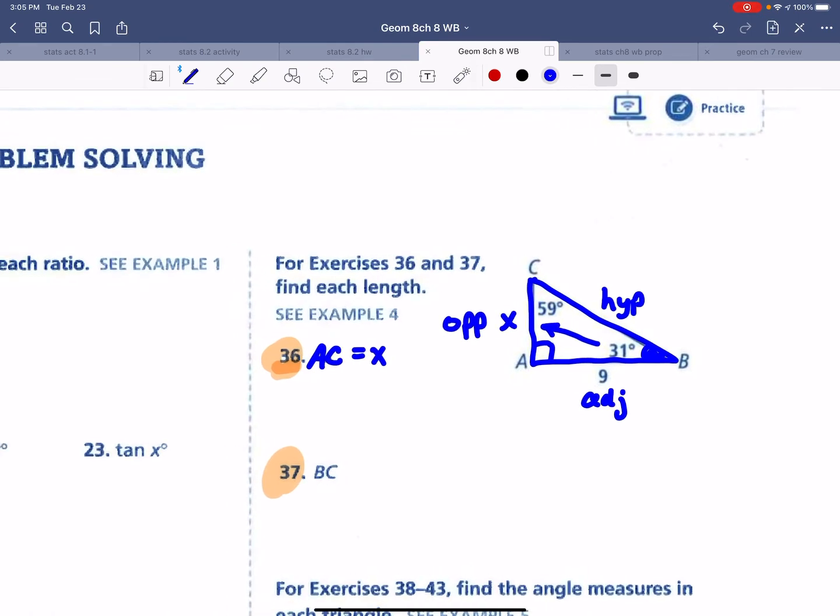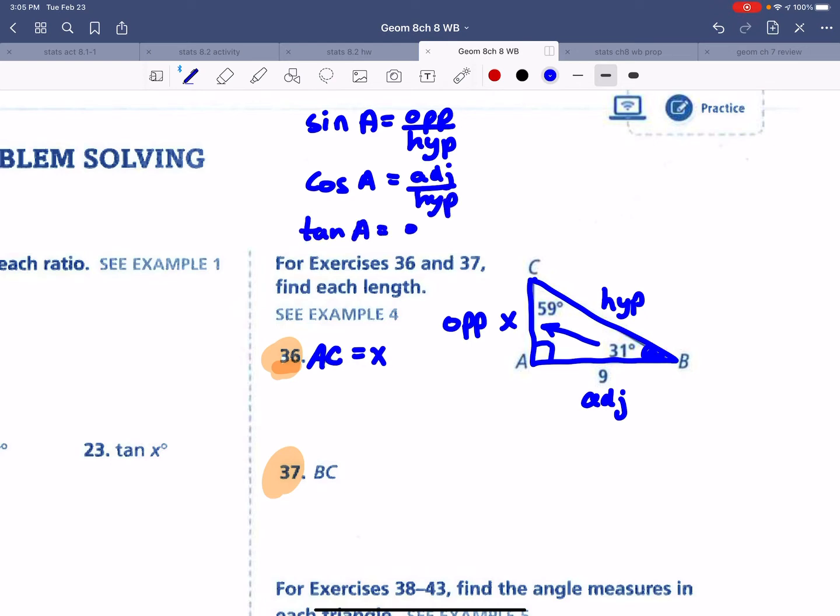So what are my trig functions? Well, the sine of an angle is opposite over hypotenuse. The cosine of an angle is adjacent over hypotenuse, and the tangent of an angle is opposite over adjacent. So let's see what we have. We have the opposite side, so we like this one, and we have the adjacent side, 9.